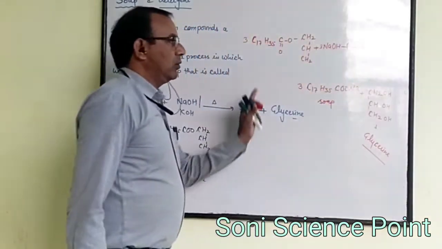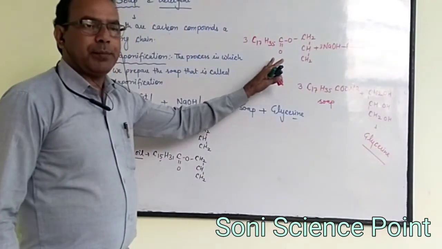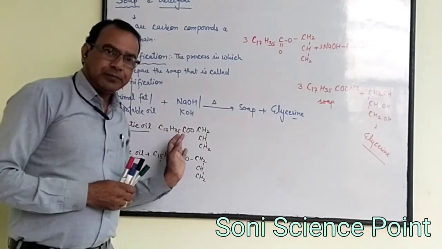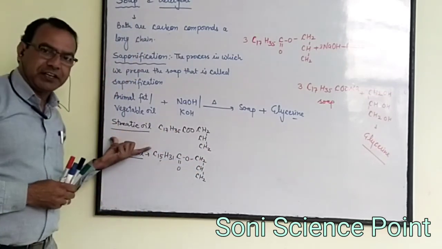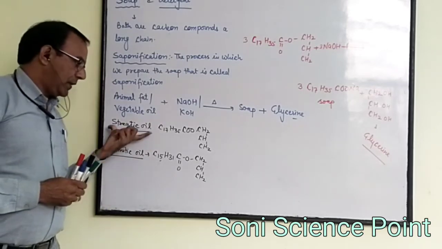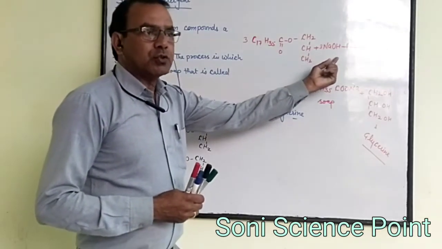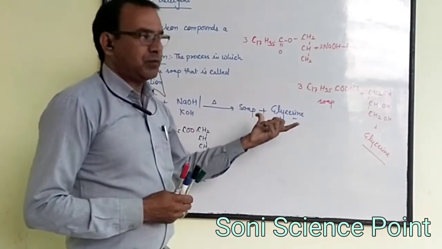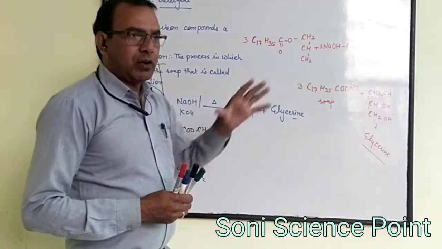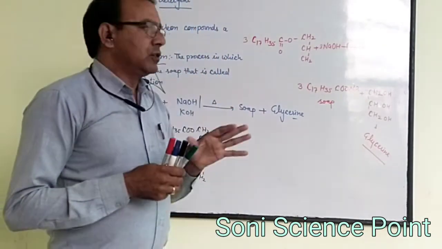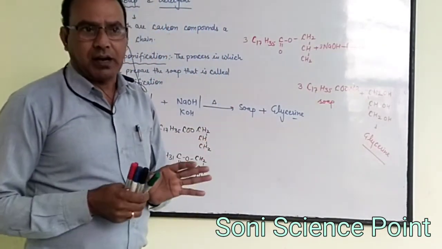We can write down the chemical equation while we prepare soap. Take the vegetable oil. The vegetable oil may be stearic or palmitic. When stearic or palmitic oil is heated in presence of sodium or potassium hydroxide, we can take both types, because we know that soaps are long chain sodium or potassium salts.